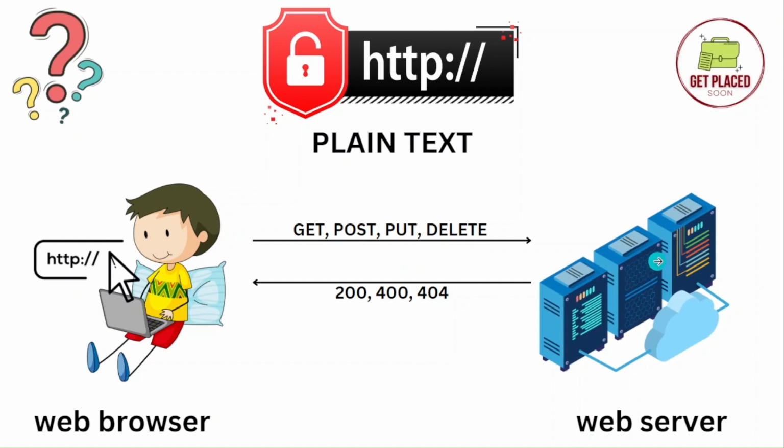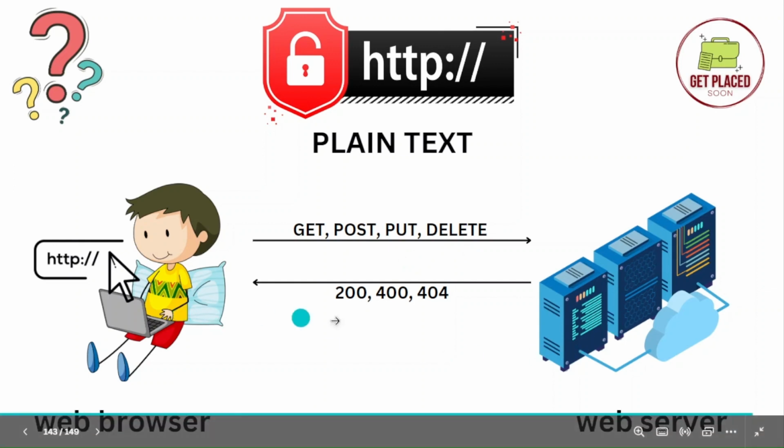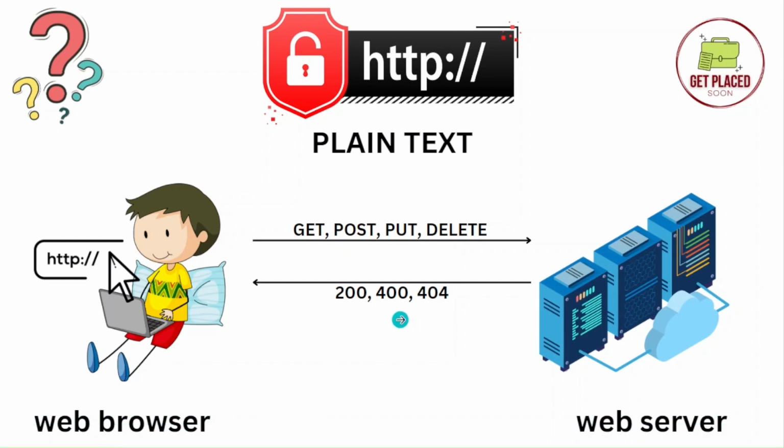And when the website is returned, you get these types of codes. The response codes are 200 for a successful request, 400 for a bad request, and 404 for not found. This is how HTTP works. Everything is in plain text. If you enter some credentials, whatever it may be, everything is in plain text. There is nothing encrypted.